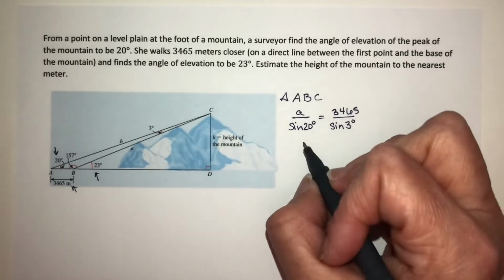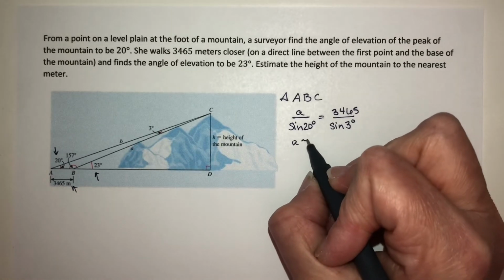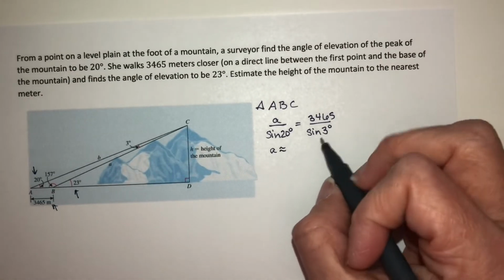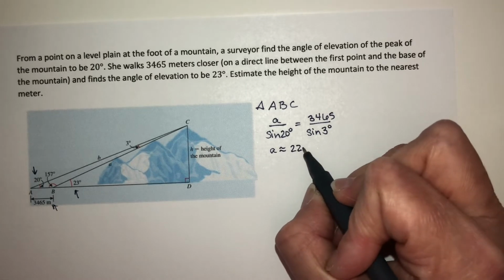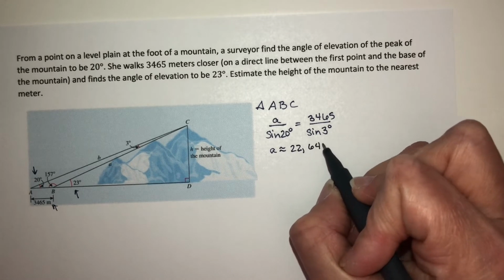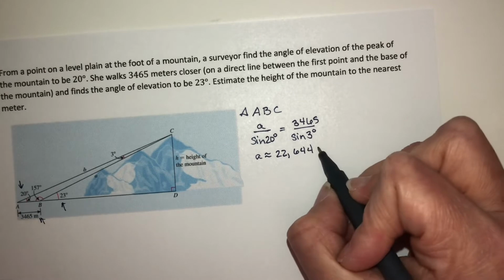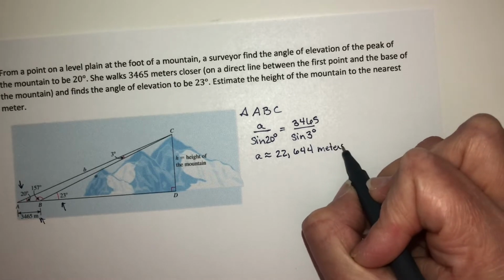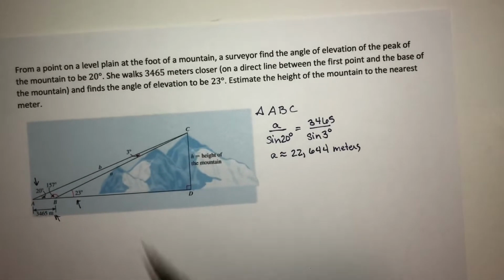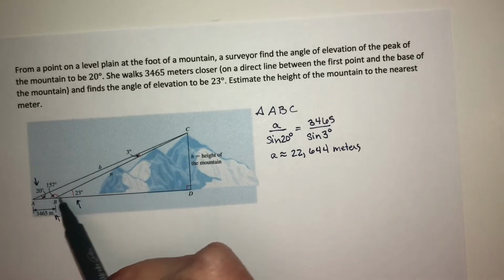And you solve this for A, and your A value is approximately 22,644 meters. Okay, so I know the length of side A.